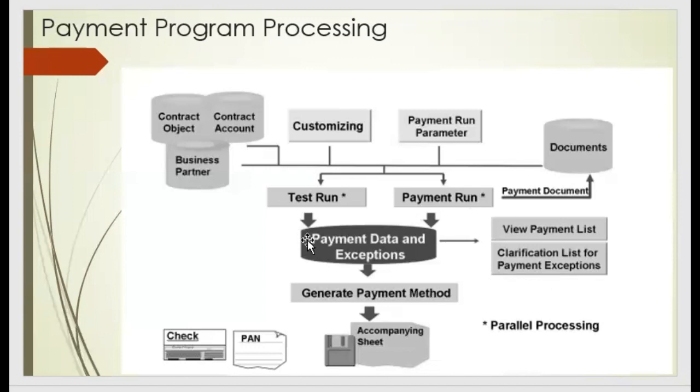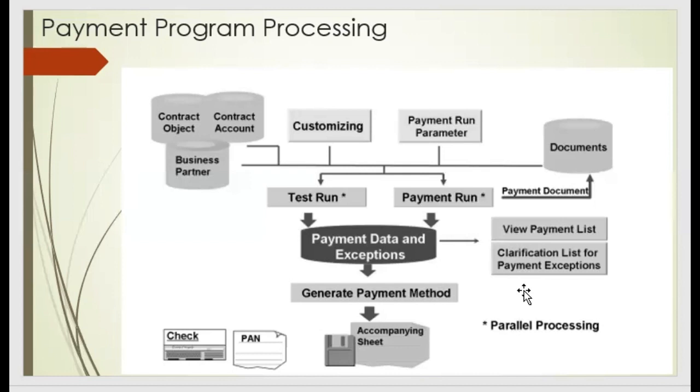Once you do the test run or payment run, to see all the details, you can view the payment list, where you can see how much money is coming against which line item. Based on your clarification list, it will clear one by one. If not cleared, you need to clear them manually. And finally, your process will be completed.